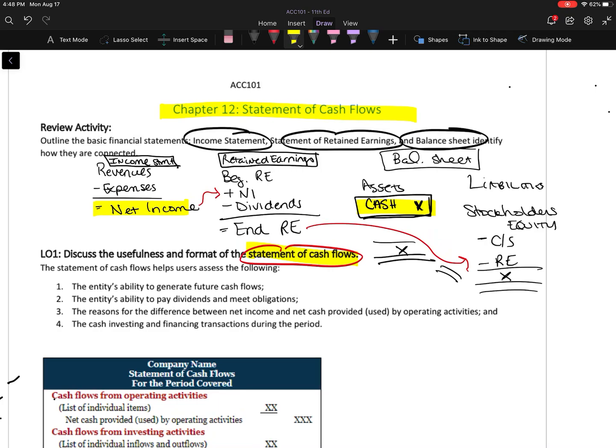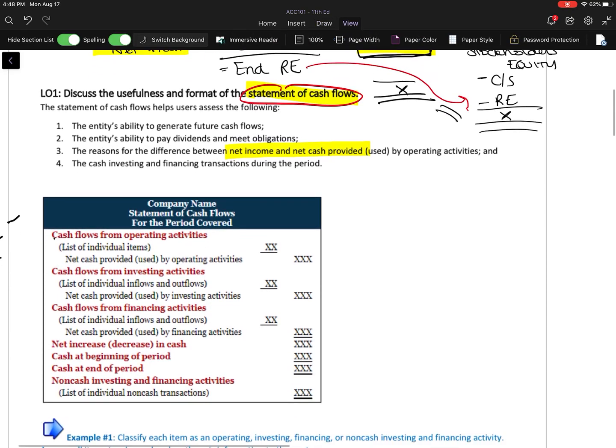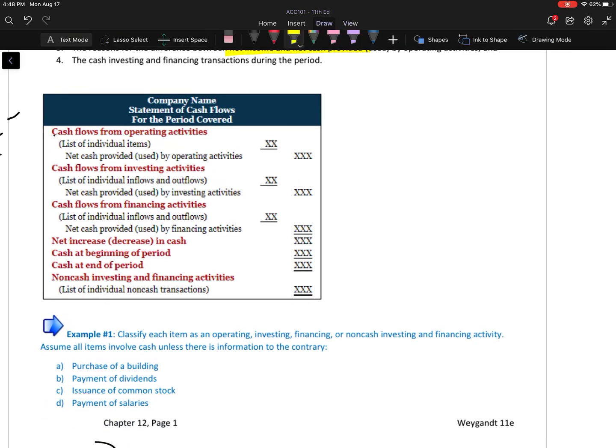The statement of cash flows allows you to see what money was generated from your operations or any other activities, why net income and cash are different, and look at the company's ability to generate cash flows and meet obligations.